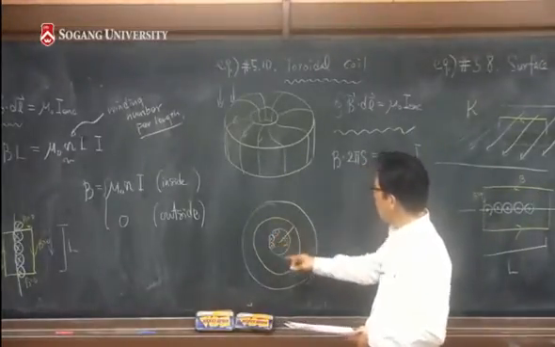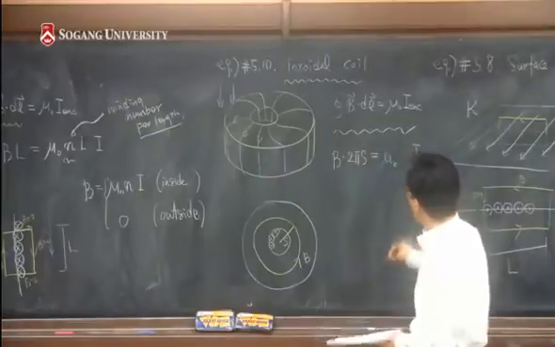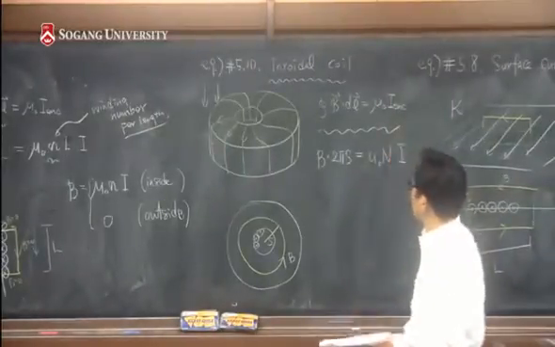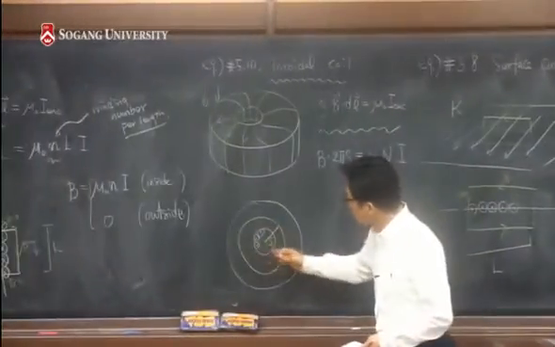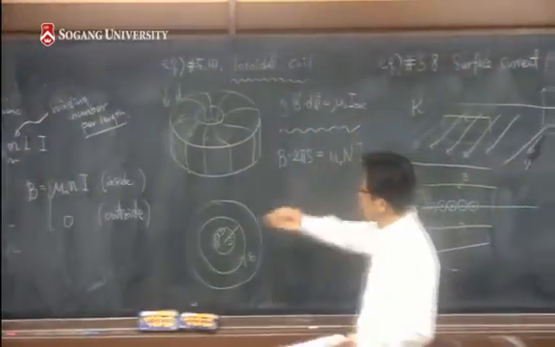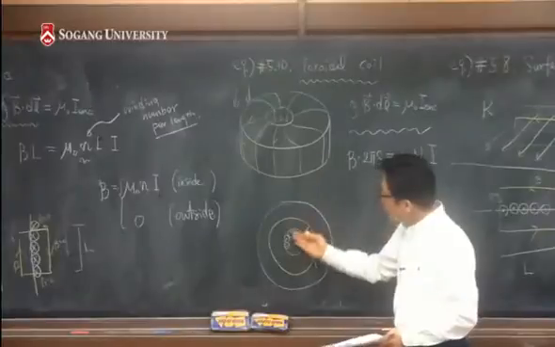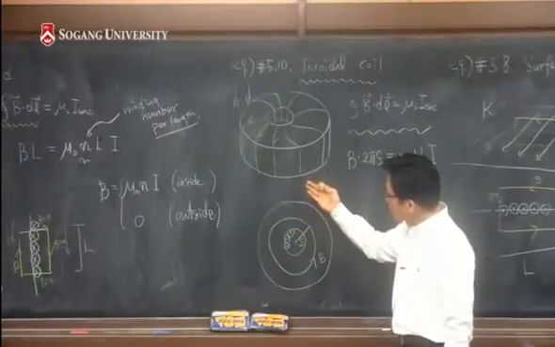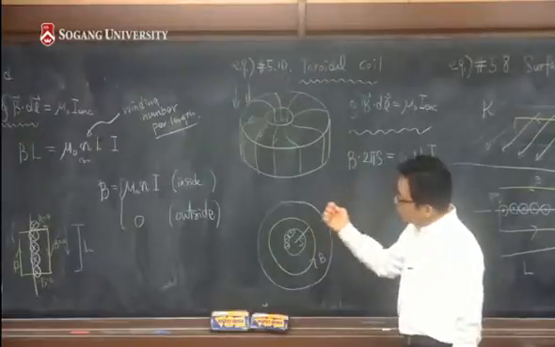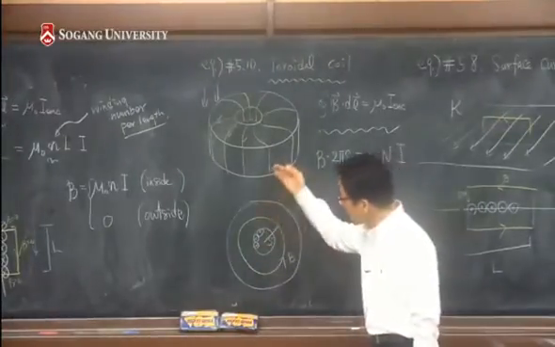So n times I corresponds to the total current flowing out of and into the blackboard when you take the plane enclosed by the Ampere's loop in this shape.